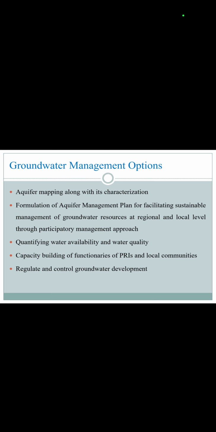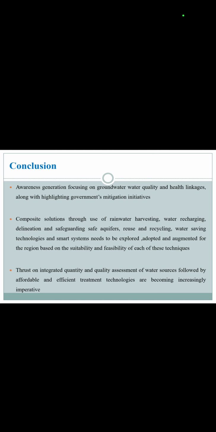Today there is rampant use of groundwater resource, so there is a need to form firm legislation. It has to be bound by laws to put a tap on the amount of water extracted from the ground. That could also be a very vital groundwater management option.